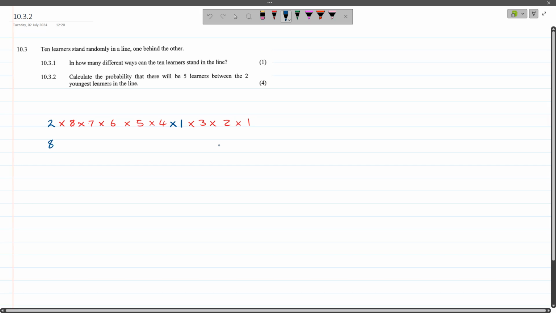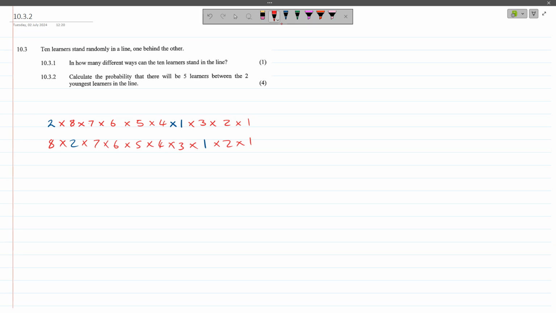The next one will just be 8, or rather, if I keep to the same format, it will just be 8 times, and then you have your 2 times 7 times 6 times 5 times 4 times 3, and then times the other young kid, because we have 5 now, and then times 2 times 1, like that. So they can just move like that. As long as there are 5 kids in between, then everything is fine.